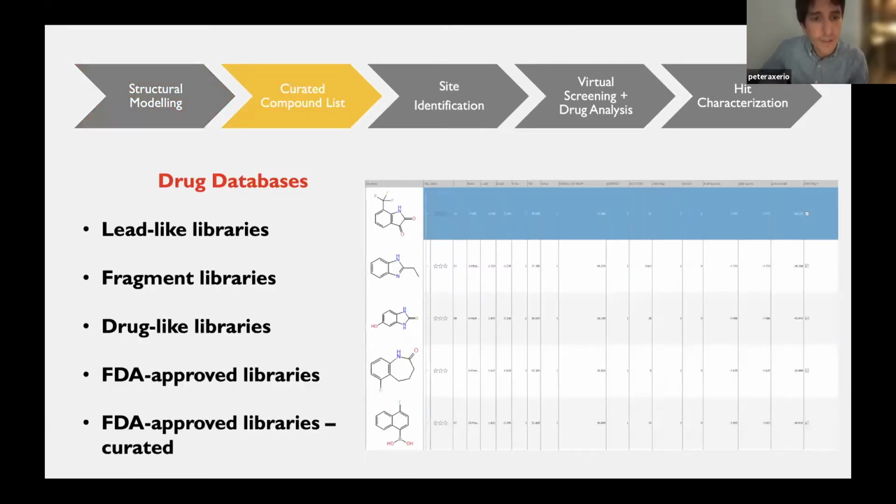So there are different databases that can be used. We're focused mainly on FDA-approved libraries, which include mainly drugs that have been approved, but also drugs that are natural products. This library has been curated, and drugs have also been flagged, for example, for toxicology, safety, whether it is taken orally, those sorts of things.